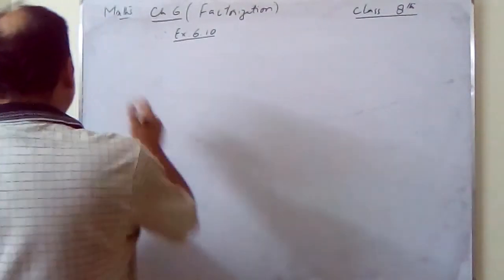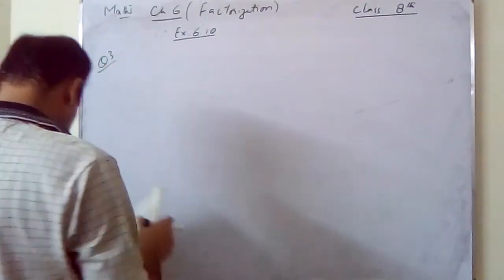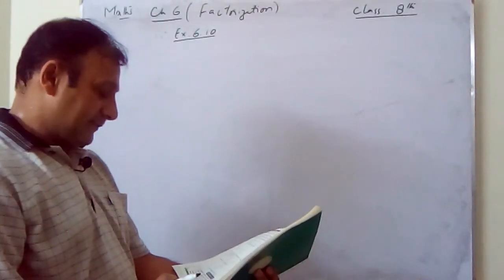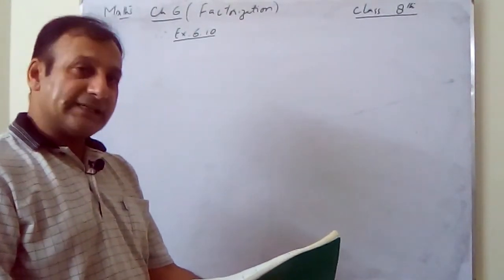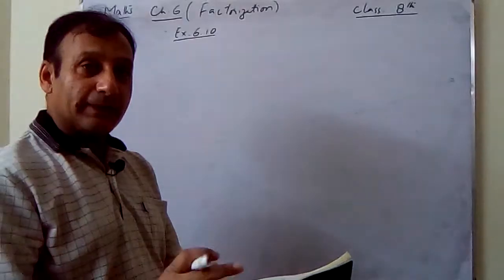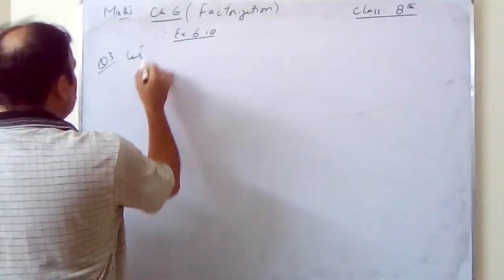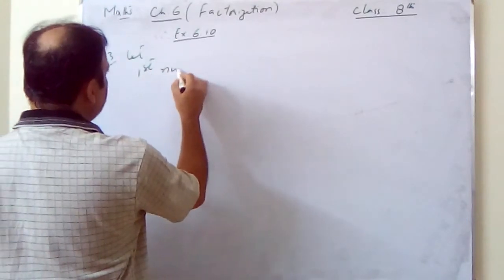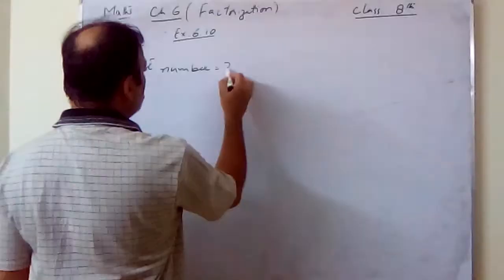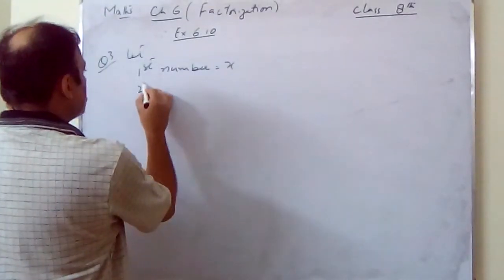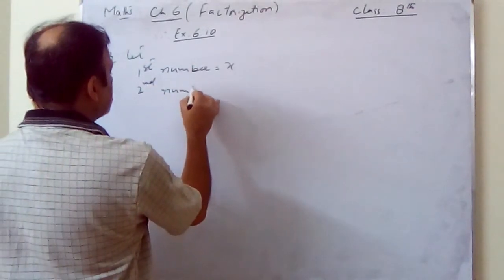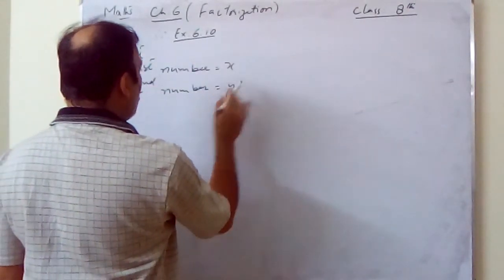Now question number 3. The sum of two numbers is 5. Their difference is 1. Find the numbers. So there are two numbers. Let the first number be equal to x, and the second number be equal to y.